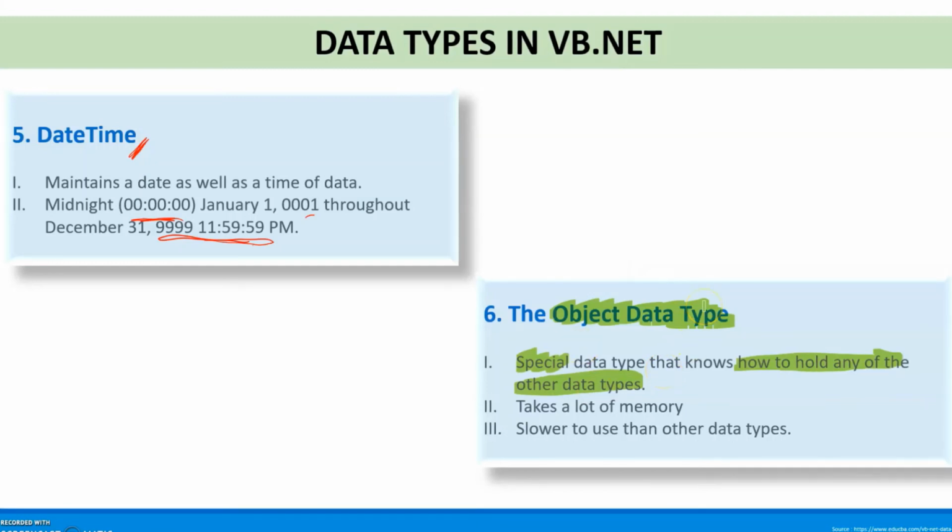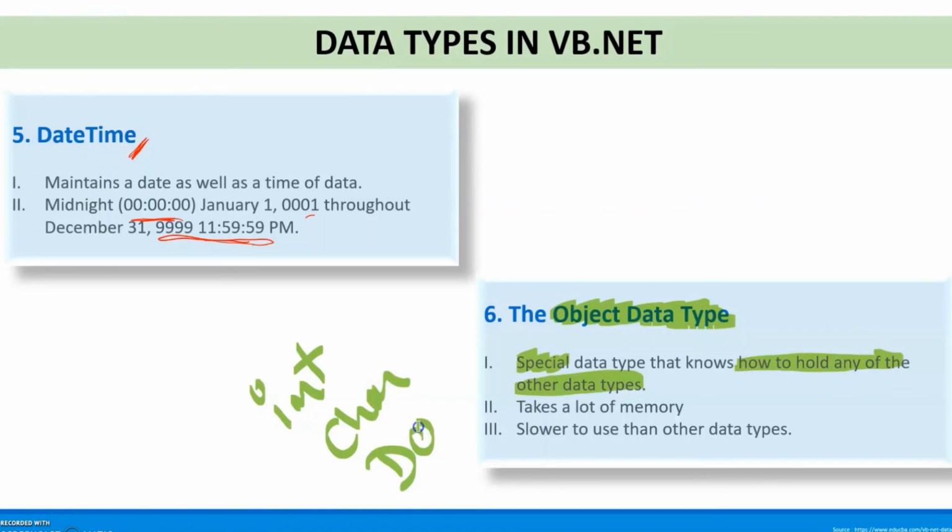It can hold any other data type. You can consider an integer as an object, a char as an object, a double as an object. This will be clearer during the practical session when you actually use it in your program.